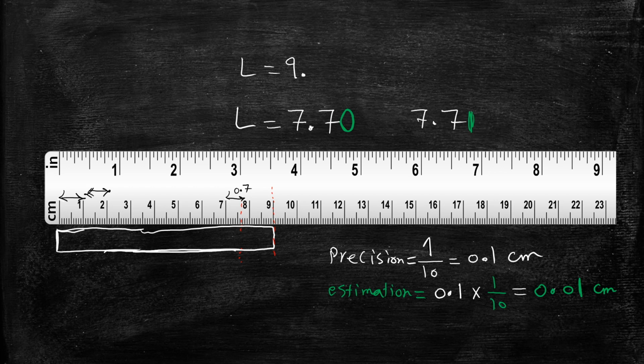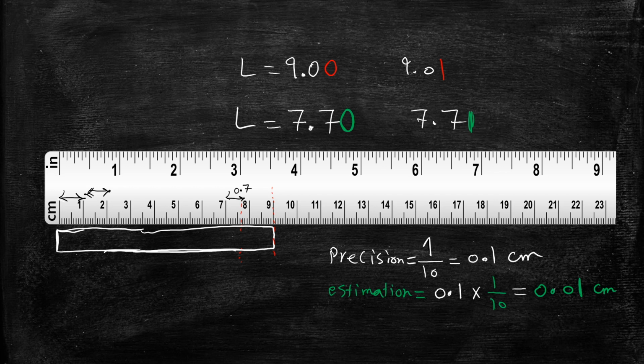But because the precision of the ruler is of the order of 0.1, we put 9.0. And now your estimation comes into the picture, 9.00, because in my opinion, that's just right on 9. Someone else again could say, no, in my opinion, it's 9.01. It's a little bit further than right on 9. But they're both acceptable. Your estimation is up to you.